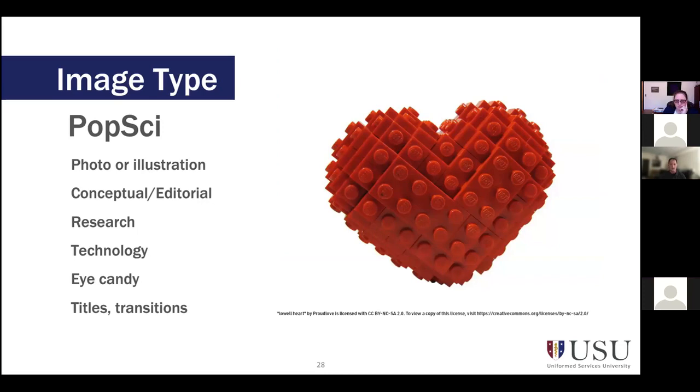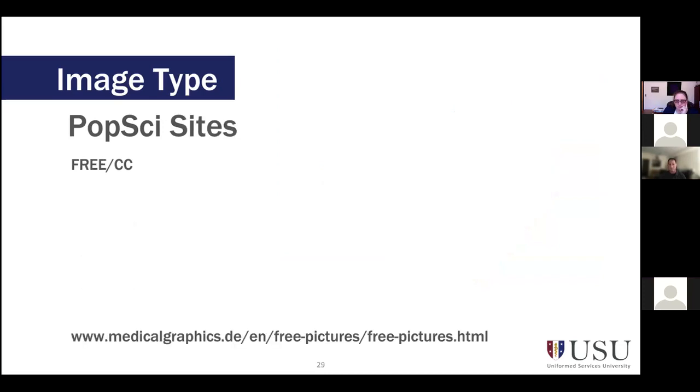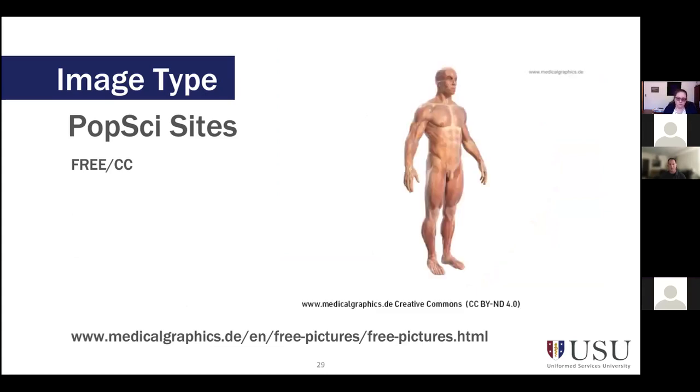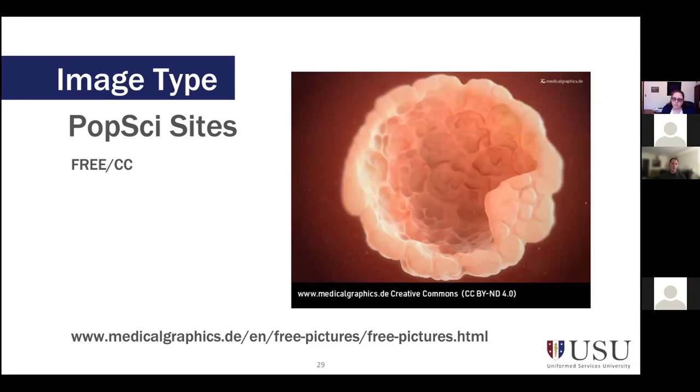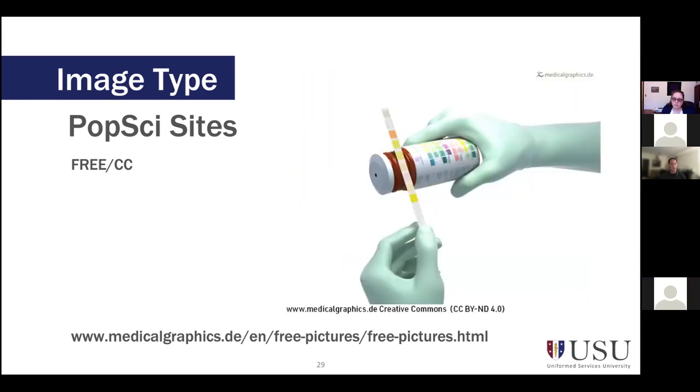So these are stock photos mostly, or stock photo in nature. One great site is Medical Graphics. They've got a collection of images that are 3D images that you can pop into your presentations. Again, they're not really able to serve a particular function, but they might serve good in transition points or something along those lines.